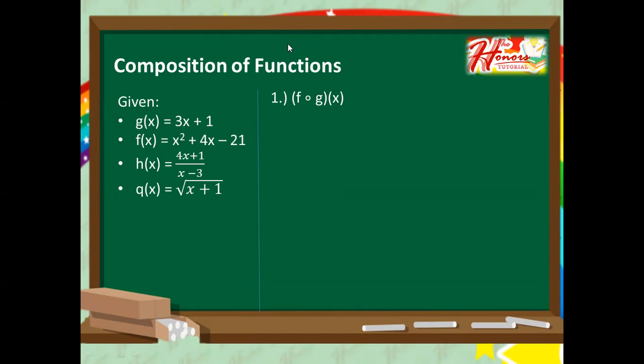So let us have f, the function f or the composition f with g of x. So how are we going to solve for this? This is what we are going to do. Write solution here.